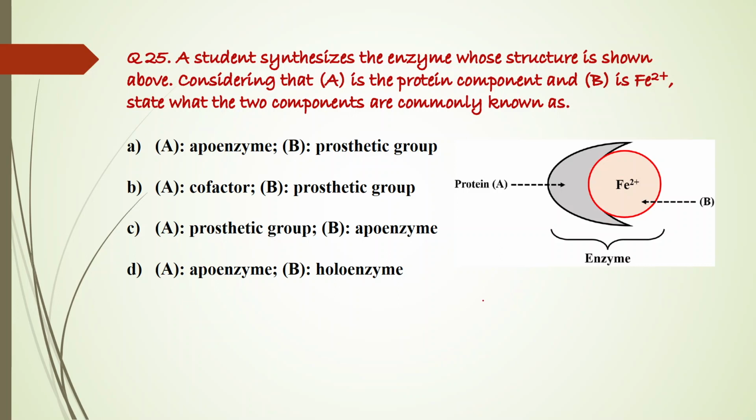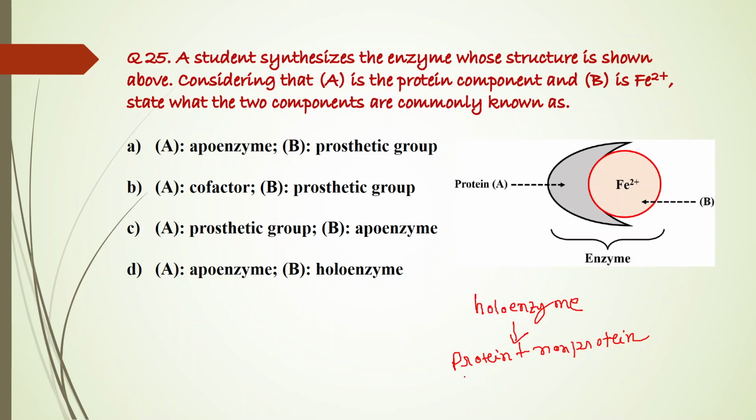We already know that overall we call this type of compound a holoenzyme, where we have our protein part plus the non-protein part. We have already learnt it in previous lectures.